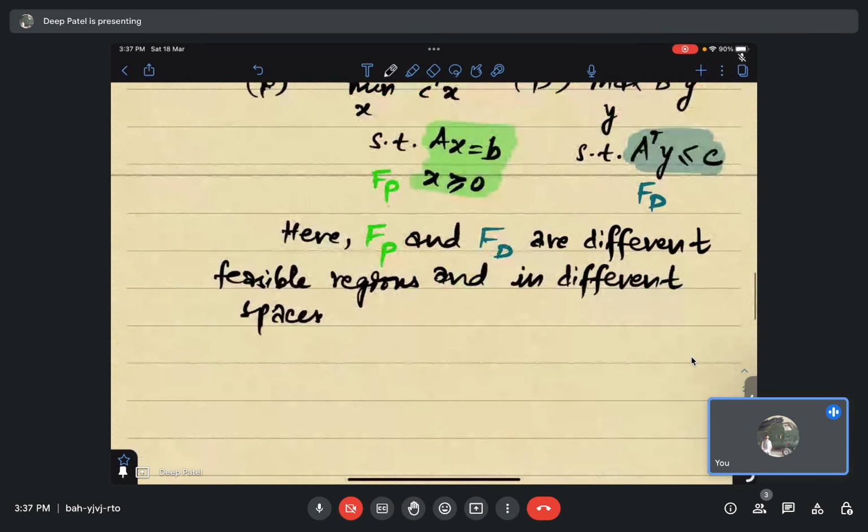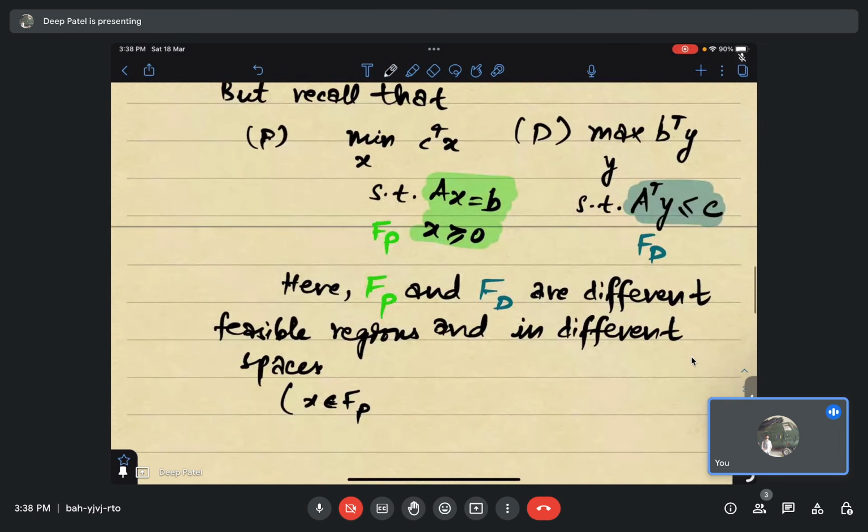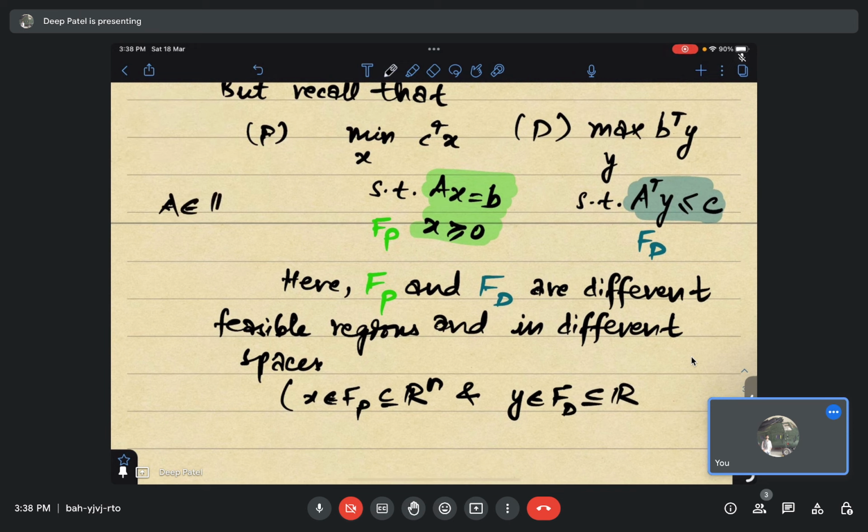If X belongs to FP, then FP is some subset of R^n, where X is in R^n. Let's say there are m constraints, so A is m cross n.